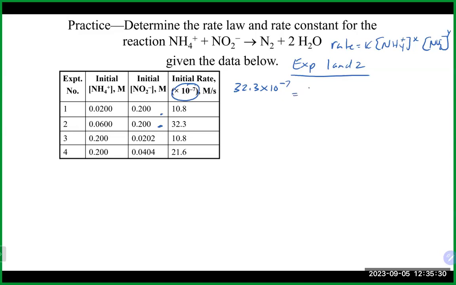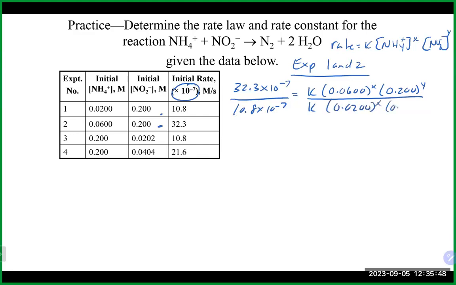So that's going to equal K times 0.06 to the X, 0.2 to the Y. Taking our bottom there, 10.8 times 10 to the minus 7, K, 0.02 to the X and 0.2 there to the Y. Doing our math here gets us basically 2.99, which is basically 3.